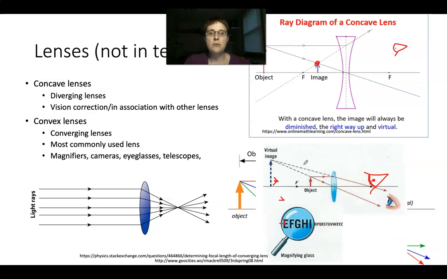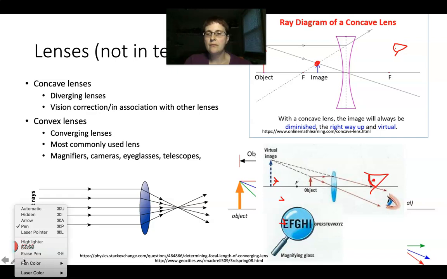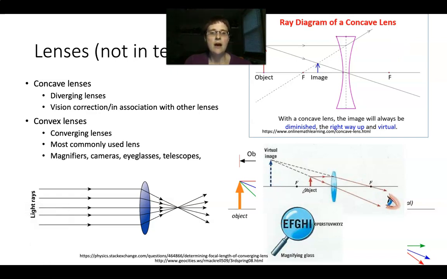Well, if we want to magnify the object, what you end up doing is you put the object close to the lens, so between the focal point and the object. What that does is it creates a larger image on this side of the lens, so that you can see the observer is on the opposite side of the lens.